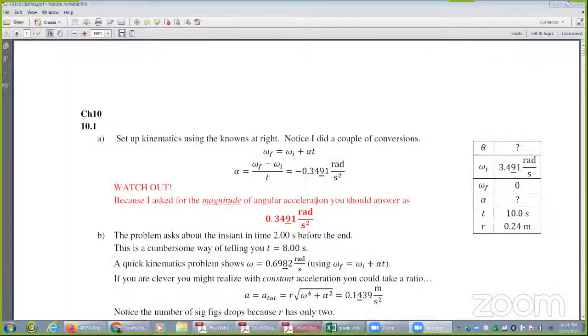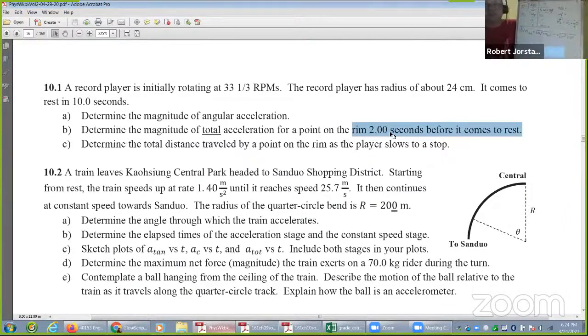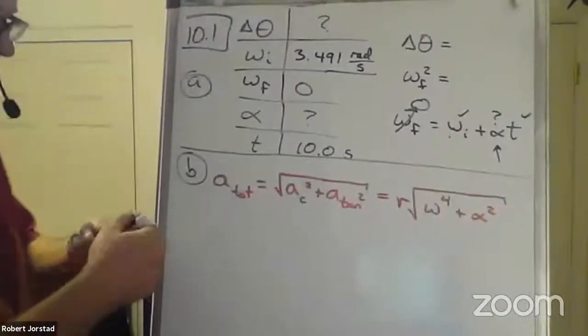Oh, that sneaky Jorstad. Oh, so it's at t equals 8. It's at 2 seconds. Oh my gosh, I tricked myself. It's 2 seconds before it comes to rest. I was going to say 2 seconds, but yeah, it's actually at 8 seconds, right? Oh my gosh. So now what do we have to do?